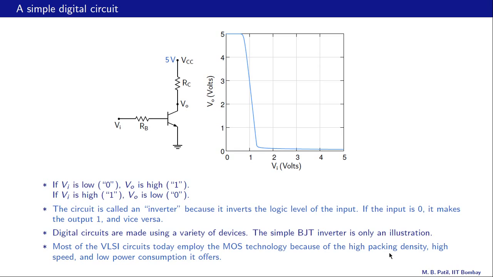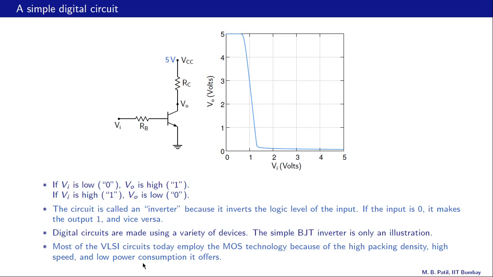In a modern microprocessor, we have tens of millions of transistors in a single chip, or even hundreds of millions of transistors. So that is how high the packing densities are today, and that is made possible because of the CMOS technology.